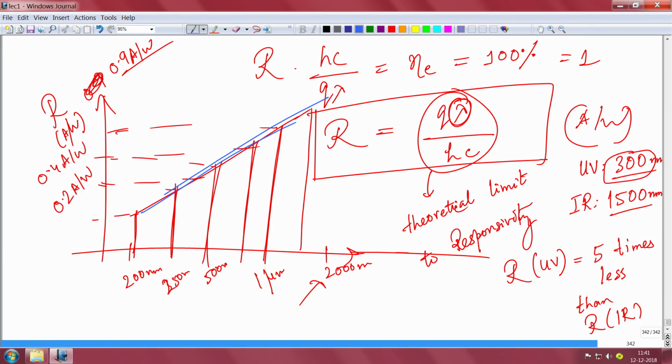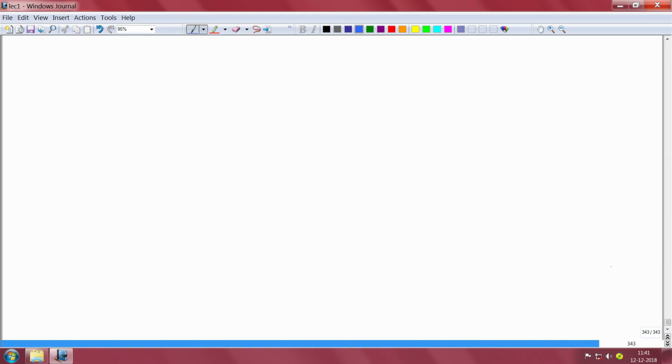The point is, do you know what is the physical reason behind this, by the way? Why is this coming out like that? Responsivity is a very important parameter of a photodetector. It's because if you take one photon of infrared, say 1500 nanometer wavelength, and it is absorbed in a material completely, it can give rise to one electron hole pair, right.